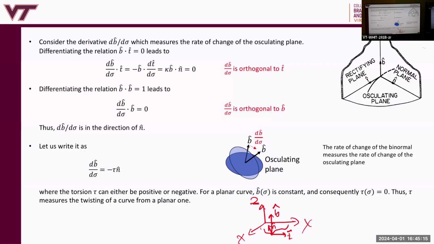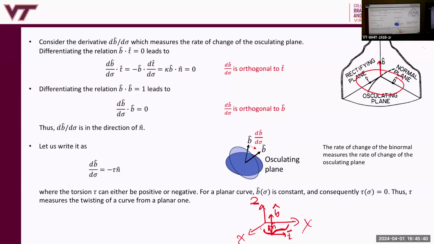Here I'm showing the osculating plane. The osculating plane is the one that has t and n in it, which is the planar curve we're talking about. Like down here, this planar curve has t and n in the xy plane. It's the same with the curve. Now, this binormal is the normal to that plane. If the binormal ever changes, then the plane tilts.